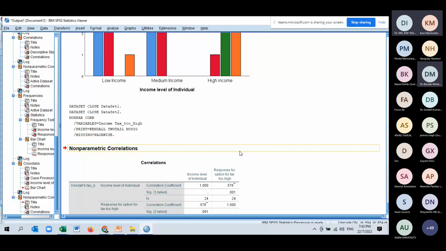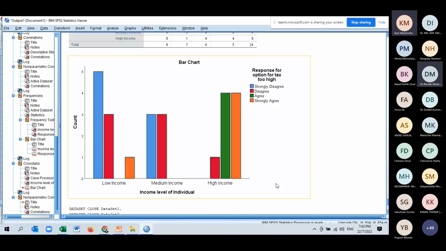If we think it is direct, it should be a strong correlation, yet it's showing a moderate correlation. Correct. Even in the high income, some people felt disagree, not 100% of the people. That's why this is the result.